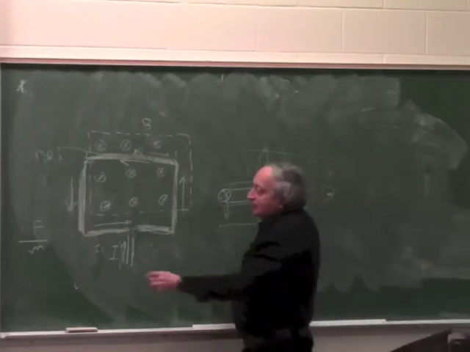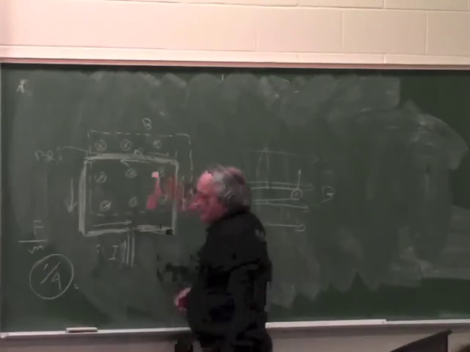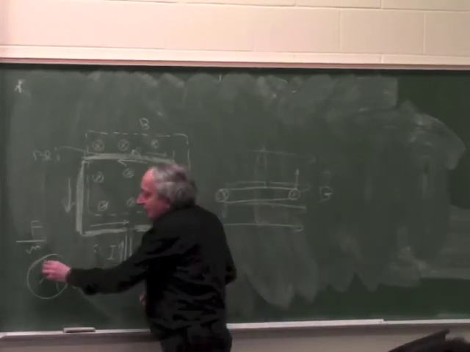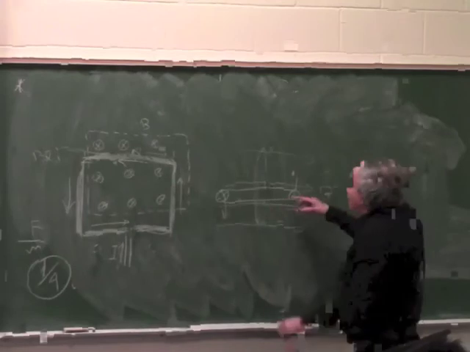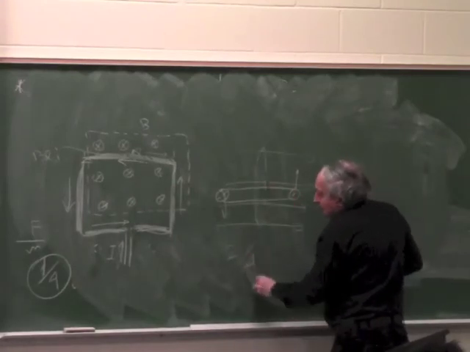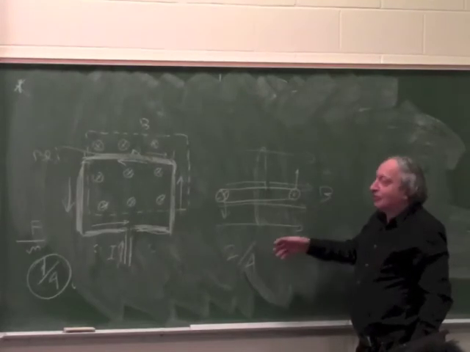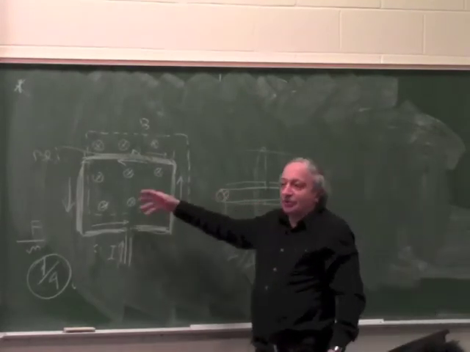Here it's only 1 of 4 that generates force. If you make a loop like this which generates a torque, you have 2 over 4 generate a torque, which is better. But what about if you want linear motion, not torque?